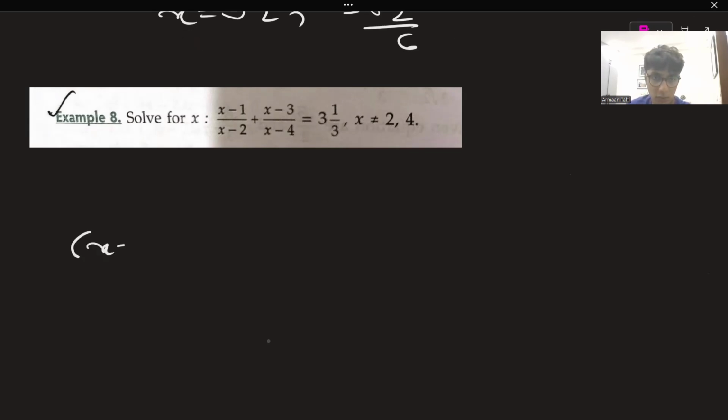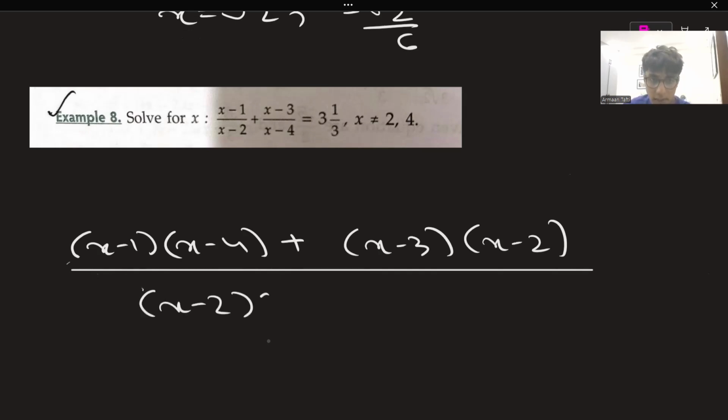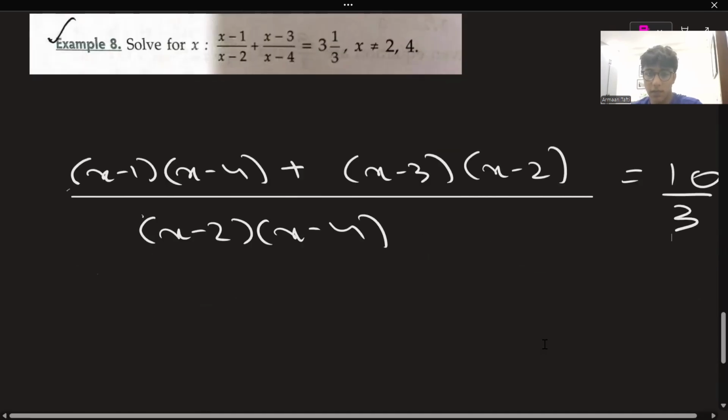So I can write this as x minus 1 times x minus 4 plus x minus 3 times x minus 2, and on the denominator, we have x minus 2 times x minus 4. And this is equal to 10 by 3. Right? Now, you can just cross multiply here.